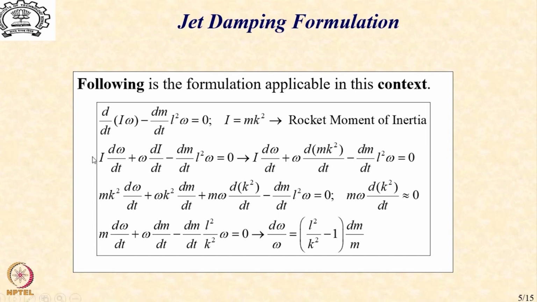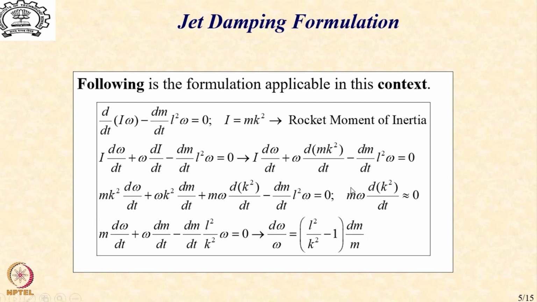Now of course we can expand the derivative, and after a little bit of algebraic manipulation, which I would suggest that you verify and go through step by step, we can show that the final differential equation which governs the motion of such a disturbed rocket about its axis can be given by this simplified differential equation.